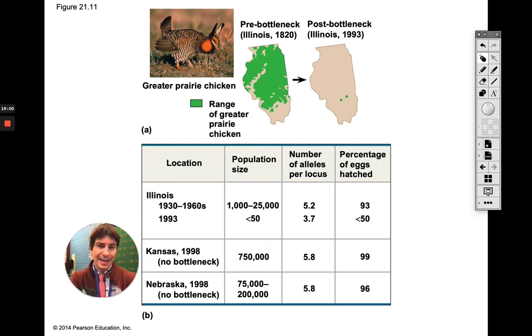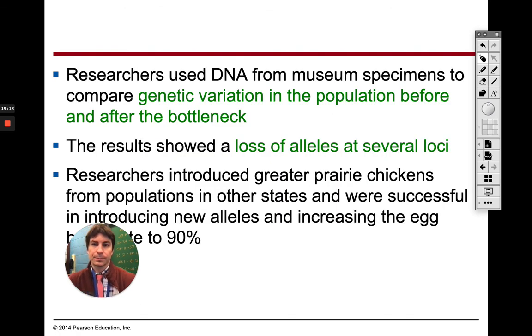So that is what happens when we have a bottleneck. Obviously, we did not know that these eggs weren't going to be hatching, but the traits that were left over after the bottleneck were traits that were probably not as good for egg hatching as before the bottleneck. Okay. All right. So we're good here.